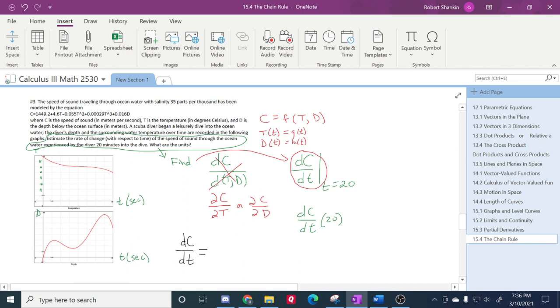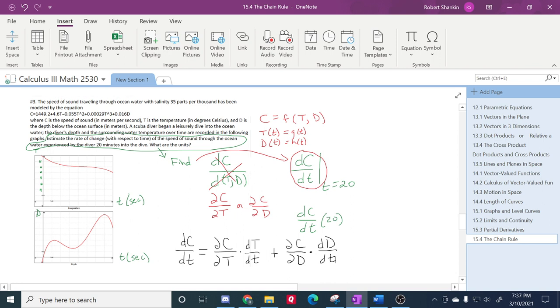Now these are only given in graphical form. But dc dt is equal to the partial of c with respect to temperature times dt, plus the partial of c with respect to depth times the derivative of the depth with respect to time. That's the general equation for dc dt.